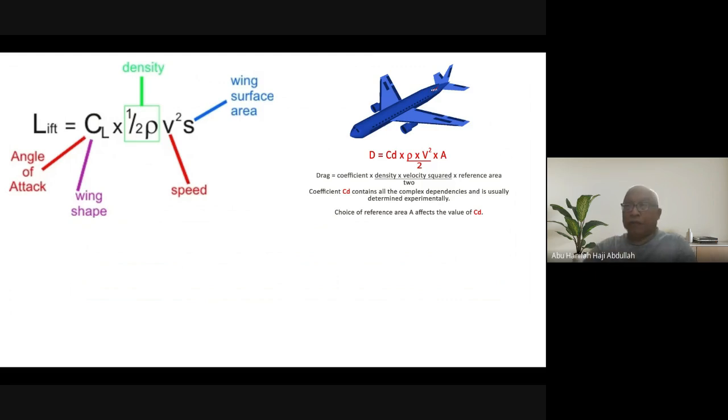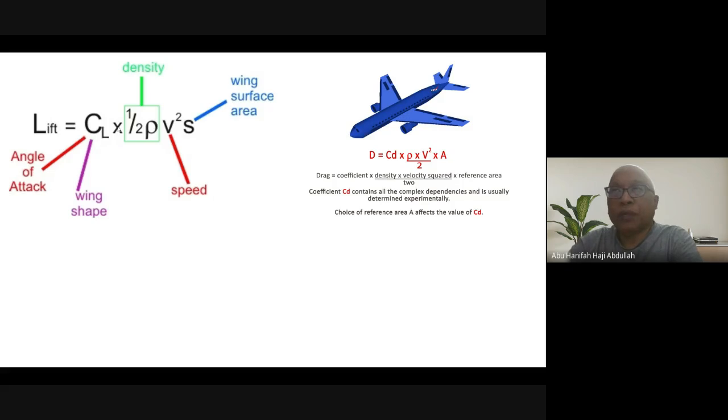So the aircraft is able to stay up, the wing provides the force, through just this basic equation: lift coefficient, times half of the density, times velocity squared, times the wing area.